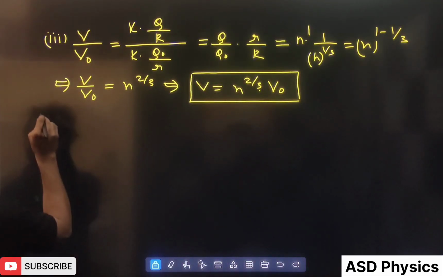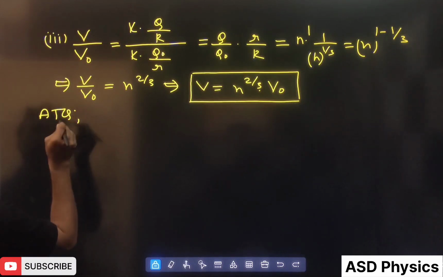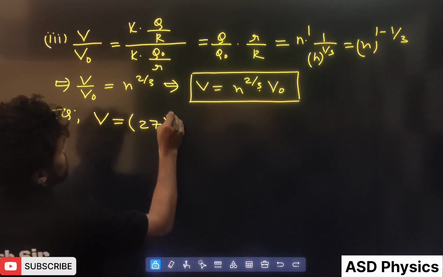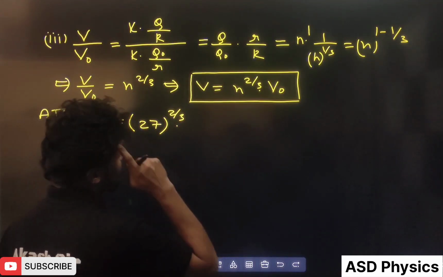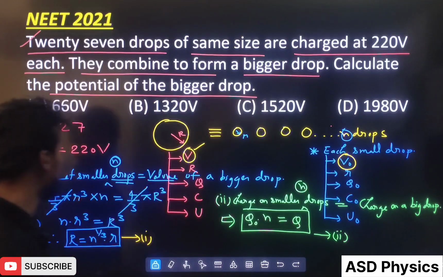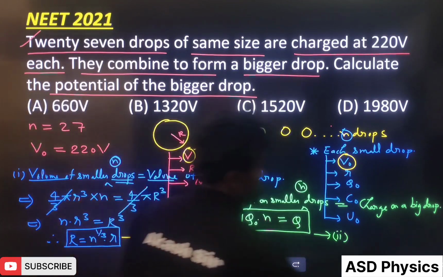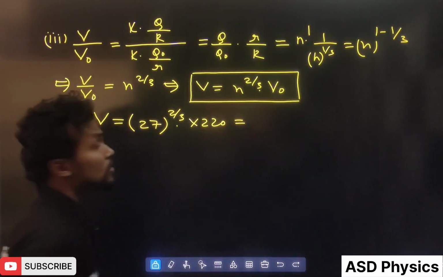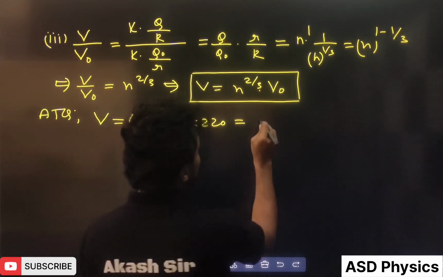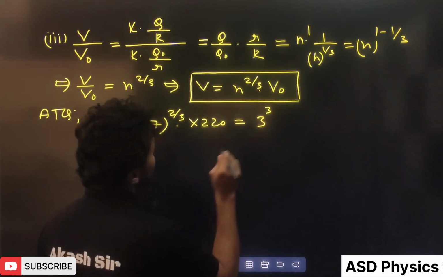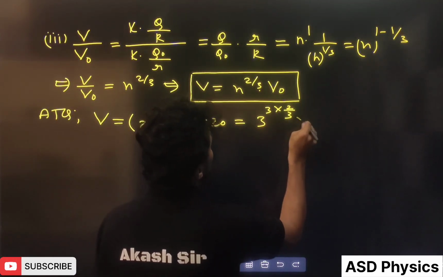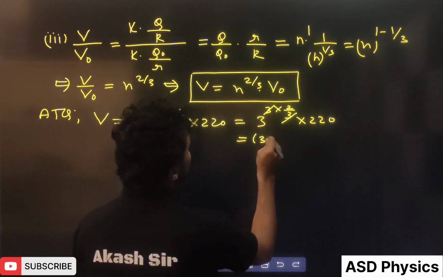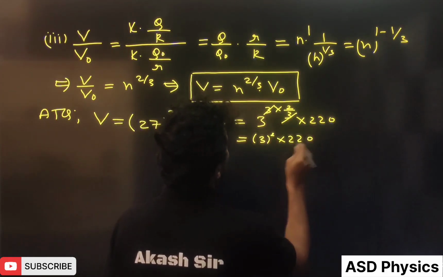Now, according to the question, if we calculate the potential, 27 drops are there, power 2 by 3, and the potential of each small drop is V naught, 220 volt. So 27 to the power 2 by 3 is 3 cube to the power 2 by 3, so the 3 cancels and it becomes 3 square into 220.